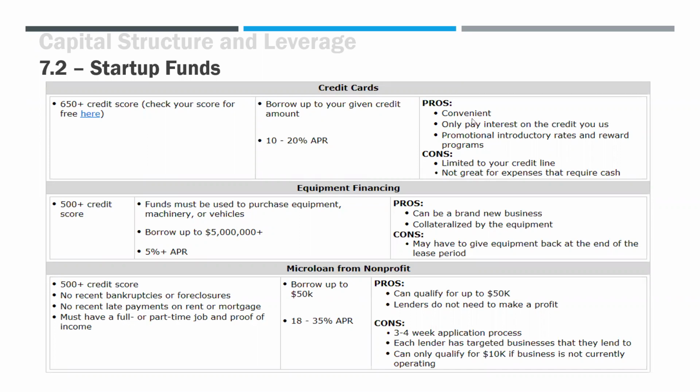The pros are it's convenient and instant. If you have cash advance checks that are sent to you from your credit card issuer, you write yourself a check, you deposit it in the bank, you've got the money. And you only pay interest on the credit you use, not all of your available credit line.